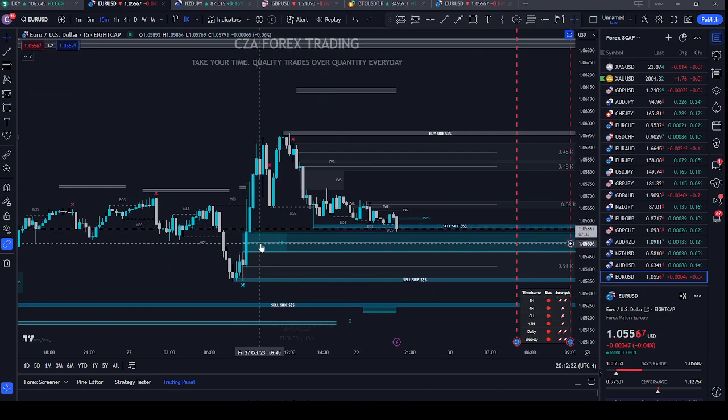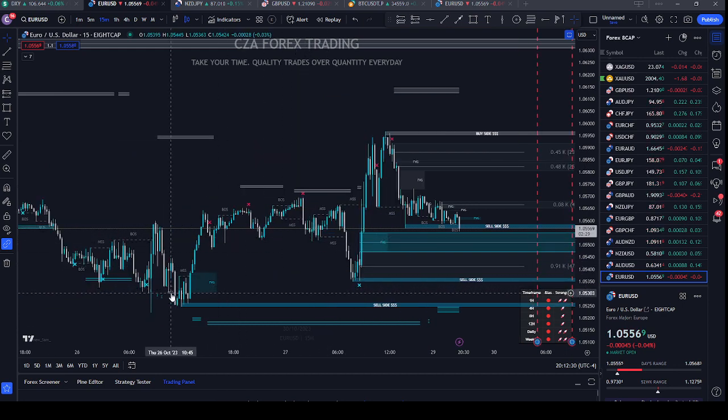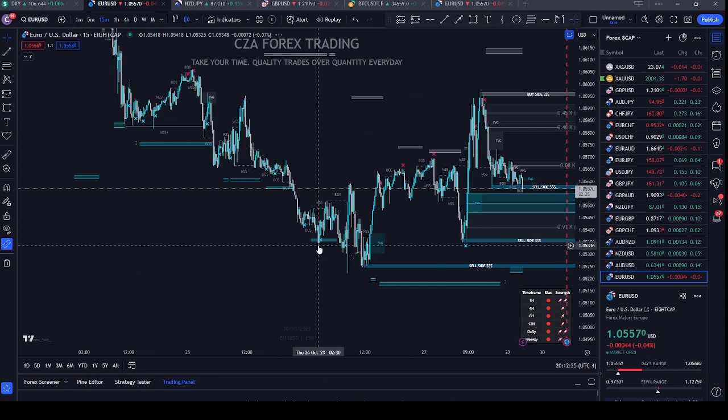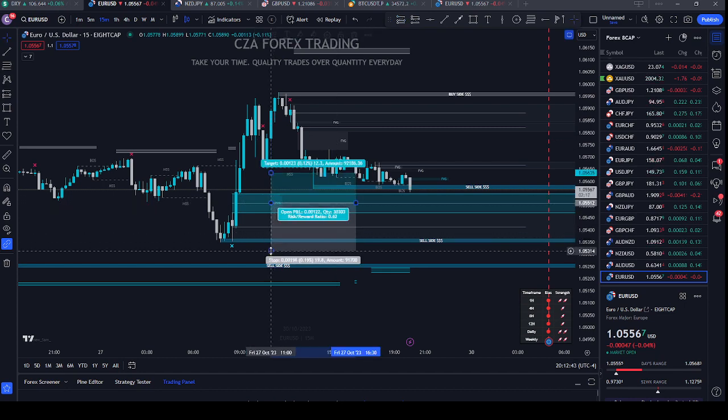So you would need it to come hit there, and then you need a displacement up, and then a fair value gap, and you can take the fair value gap entry. Honestly, the way it's looking right here on the lower time frame, it's so choppy, man. It's gonna chop you up. I would long here, 50% underneath here.